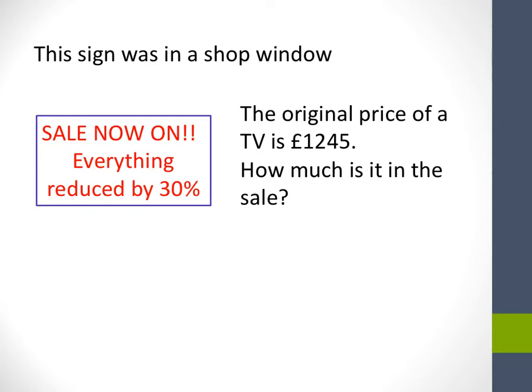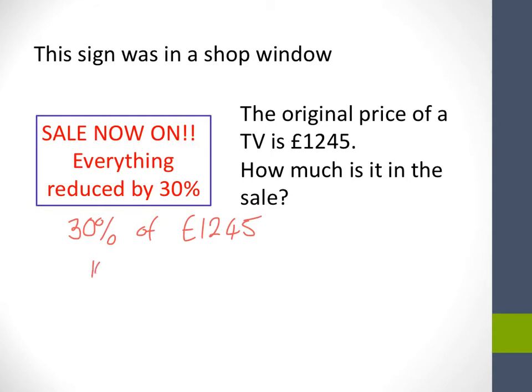Well, one way of doing it is to say, okay, the television costs $1,245, but if we work out what 30% of that is, that will tell us how much it has been reduced by. So the first thing we need is to work out what 30% of 1,245 is.